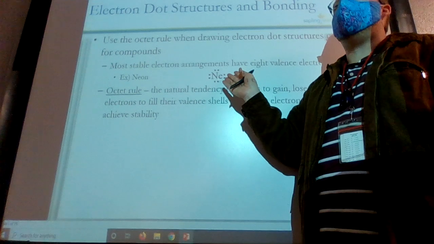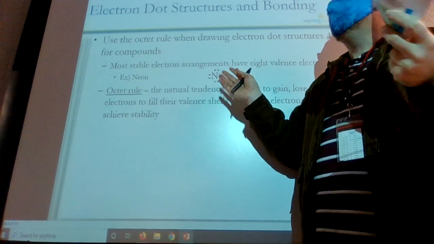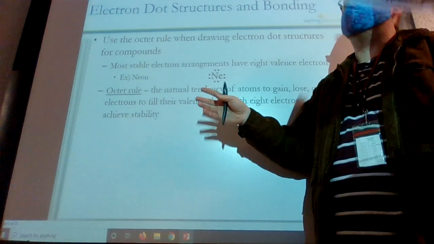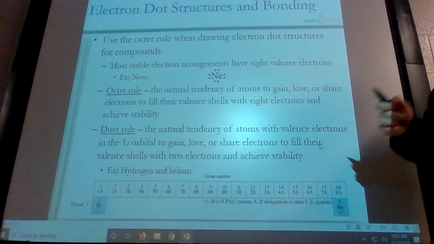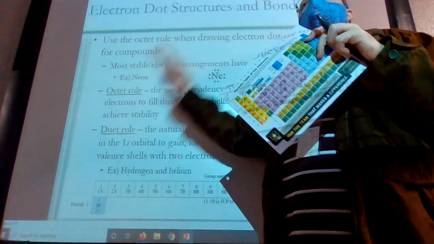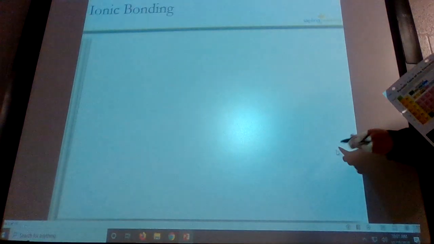It doesn't want to get rid of any electrons and doesn't need any more. Neon's what we call inert. It's not going to react with anything else. It can bump into all the other elements and not do anything. Hydrogen and helium are after that duet rule. They want to get 2 electrons in the outer shell, and then they'll be nice and happy.